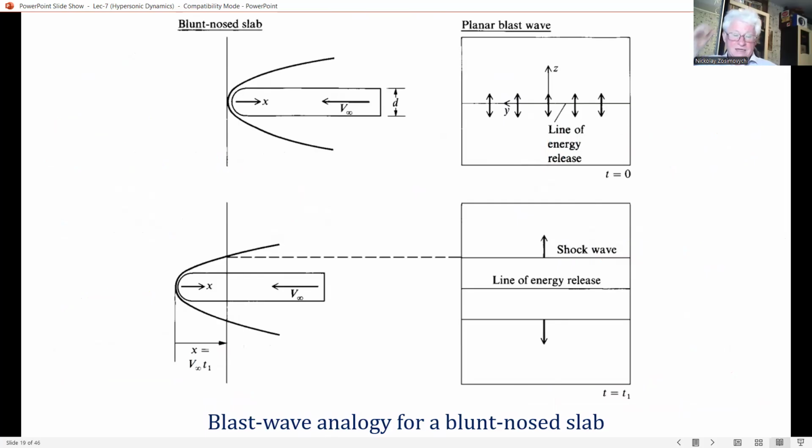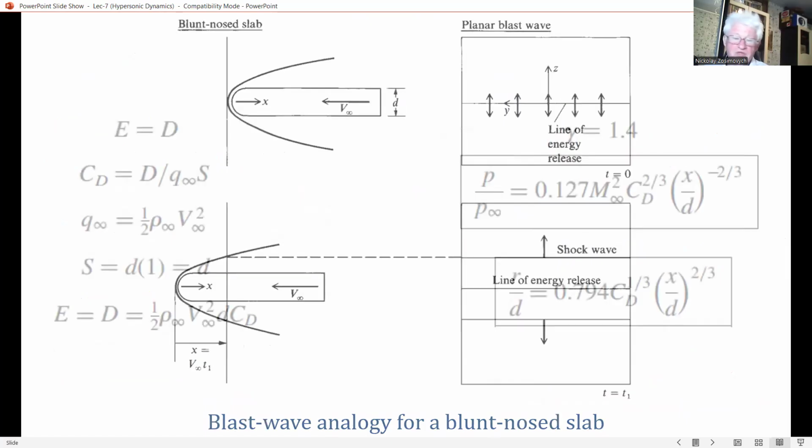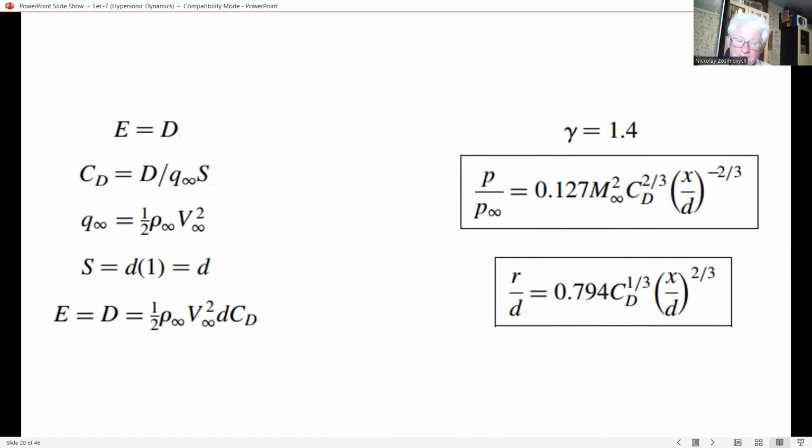Next, consider the planar case shown in this figure. And remember that in our equations, E is the energy released per unit area of the plane perpendicular to the page. Okay? In this case, we remember that E equals D. For the blunt nose slab shown on the left of the figure, let us define a nose drag coefficient CD.